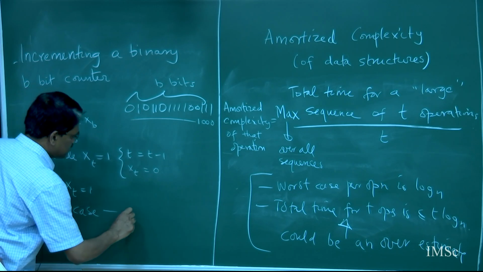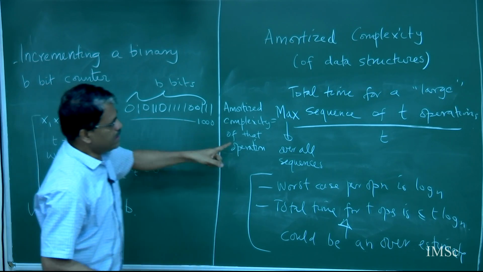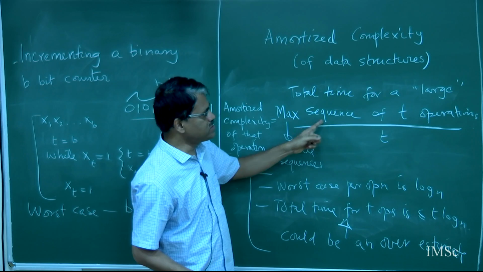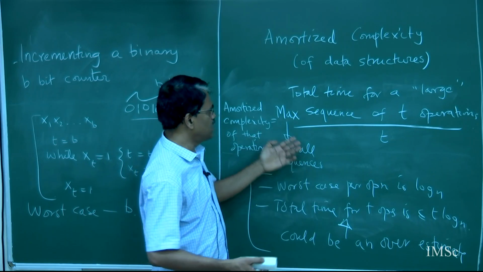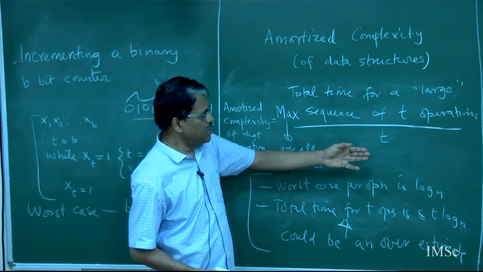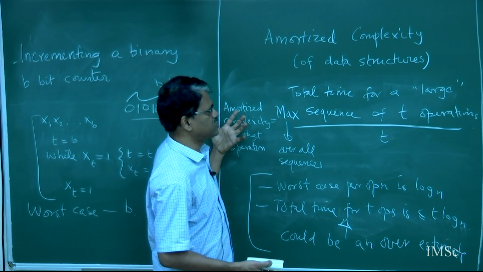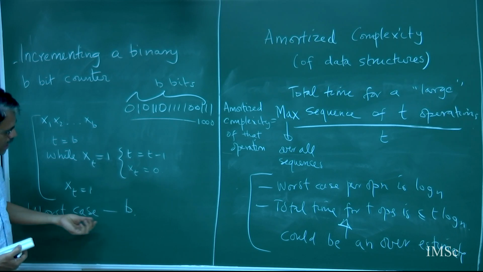So the worst case is B, but I want to understand the amortized complexity of this increment operation. By that, what do I mean? Suppose I do a sequence of T operations, some large number of operations, maximize over a sequence of these T operations, divide by T, what is this average? If I do T operations, is it really T times B? That is the question.